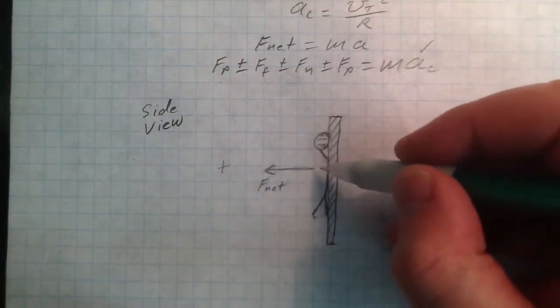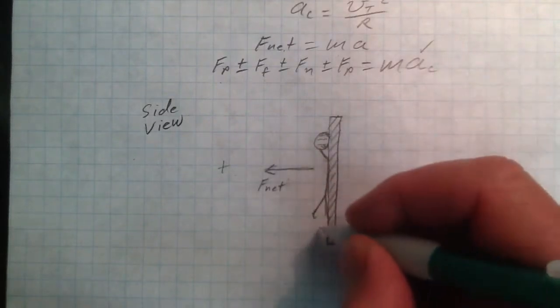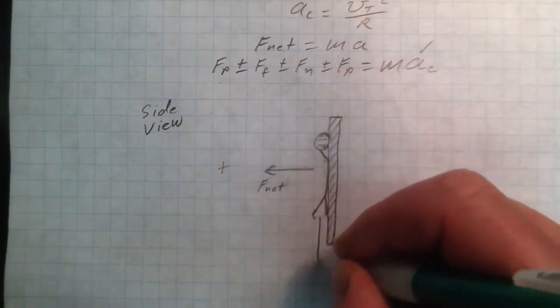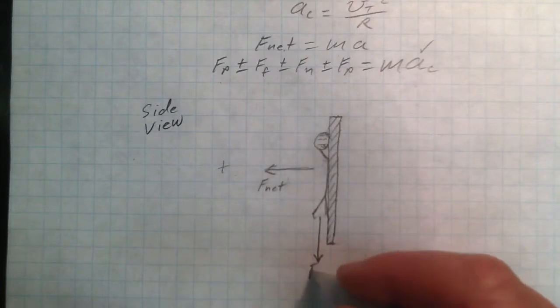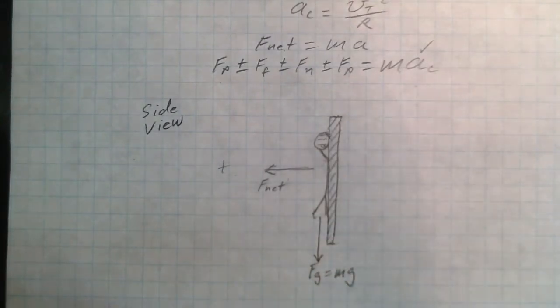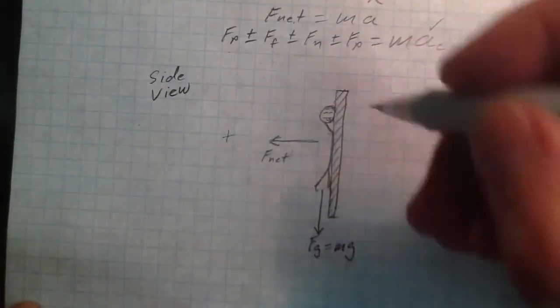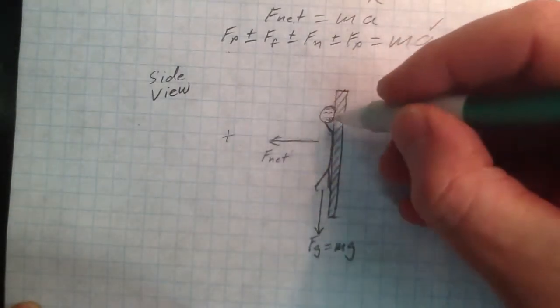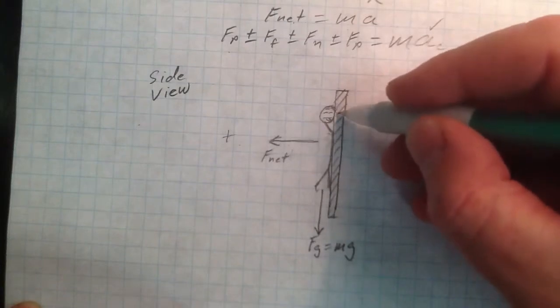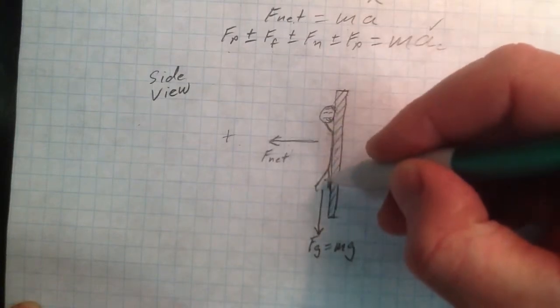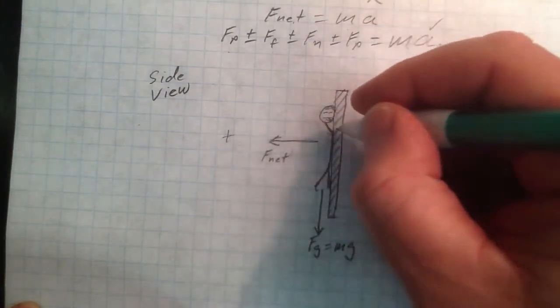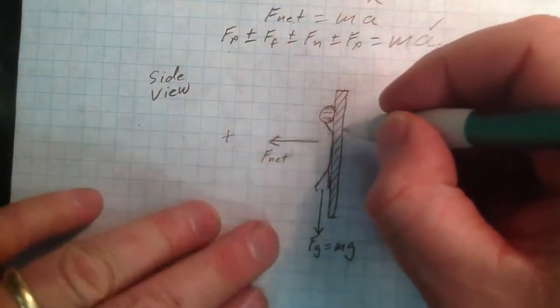All right, let's finish this free body diagram. Well, what am I getting? Let's put the no-brainer. I'm going to have my force of gravity, which is mg, going that way. Now what is happening here? I am not sliding down this wall. I'm sticking to this wall. Why am I sticking to the wall?